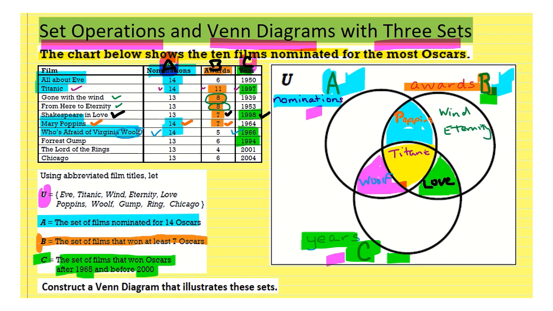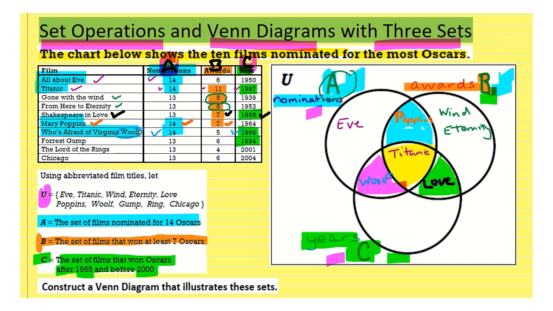Okay. And now let's look for A alone. So A alone would be what we have not accounted for. Here we go: All About Eve. It is just A. Everything else in the A column is accounted for. So All About Eve is going to go here in the A category by itself.